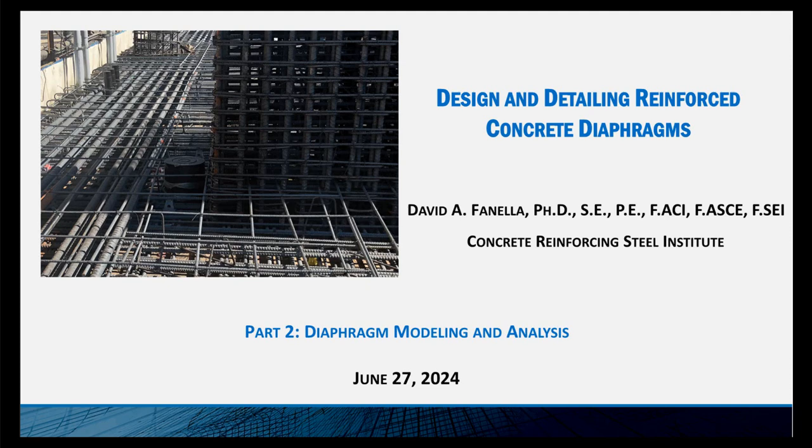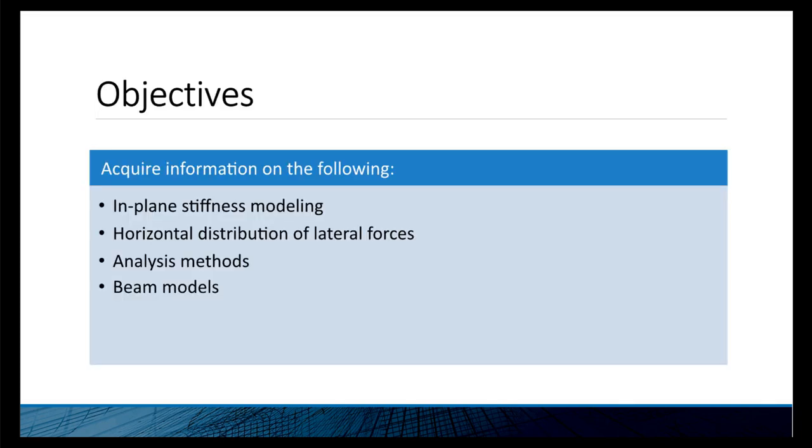So now that we have those, what we would like to do is to take those loads, model our diaphragm depending on its relative stiffness, and then allocate those horizontal loads to the vertical elements of the lateral force resisting system.